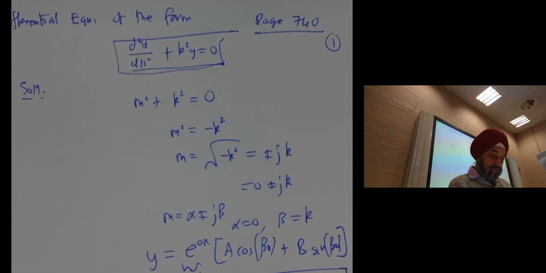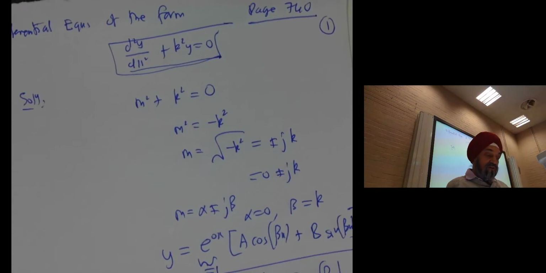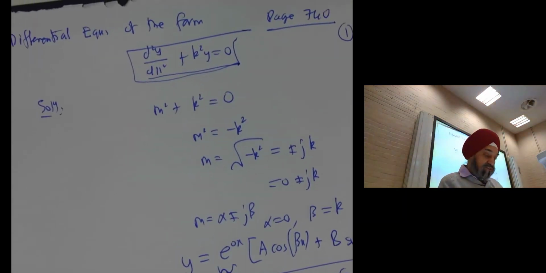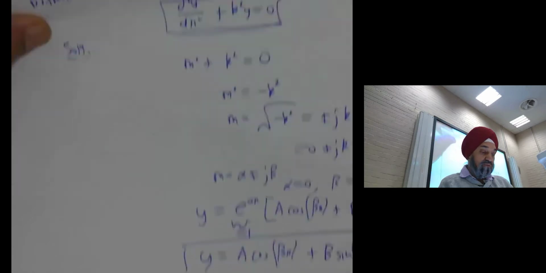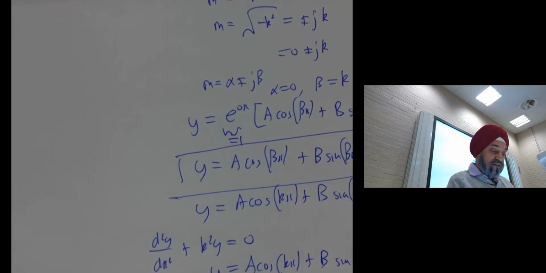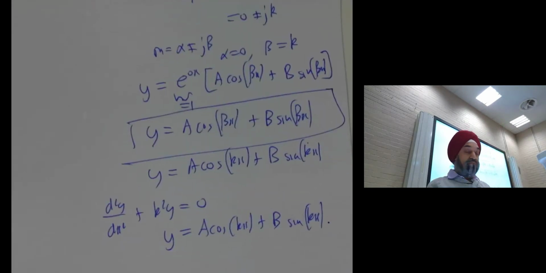So a differential equation of this format, d2y/dx squared plus k squared y is equal to 0, gives the solution y is equal to a cos kx plus b sine kx. That's what you get.